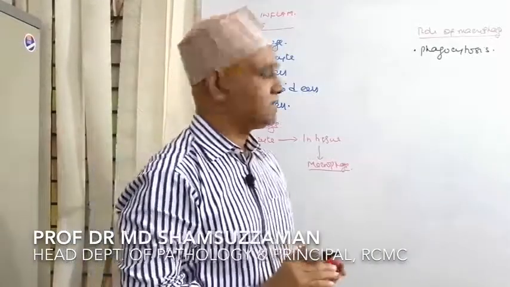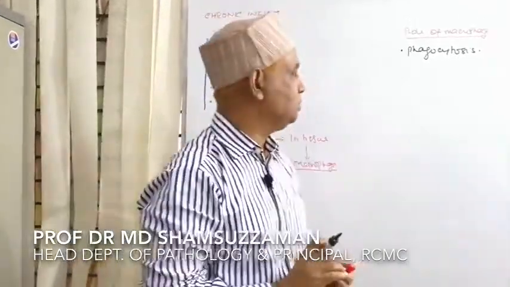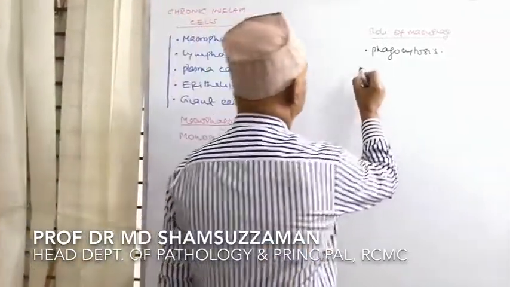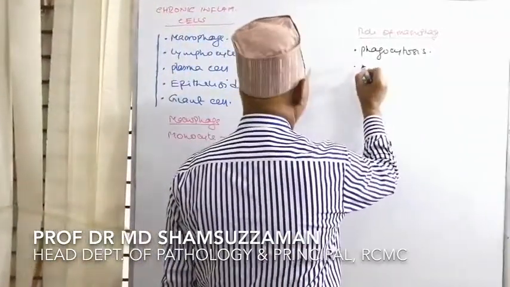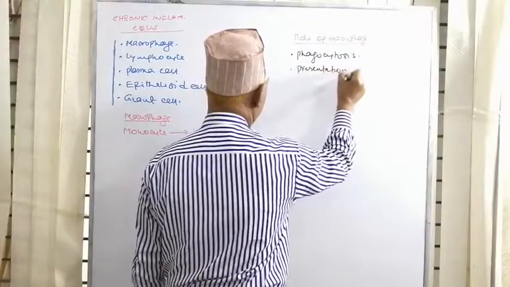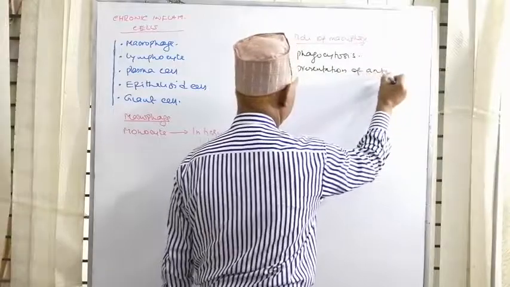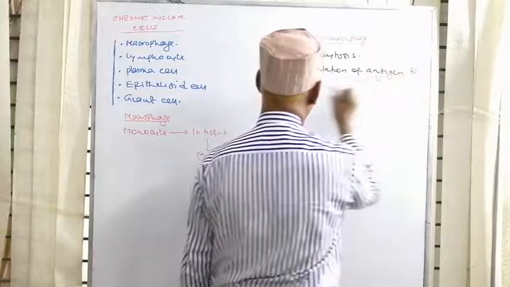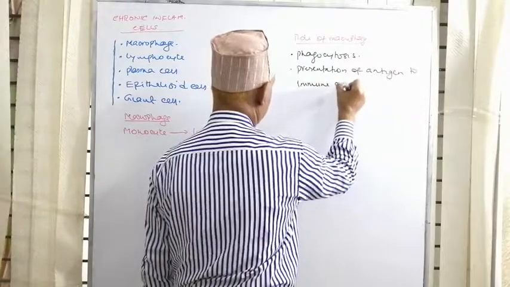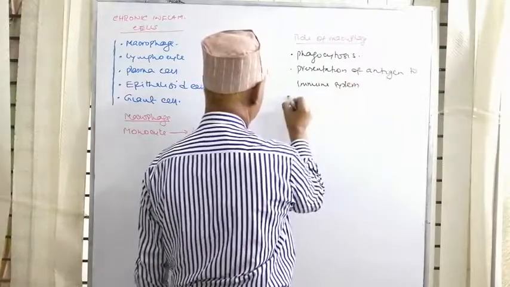It is also called scavenger cell. It is associated with scavenging, so it is called scavenger cell also. Another function is presentation of antigen to immune system.